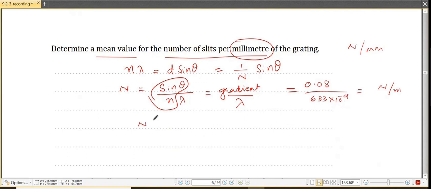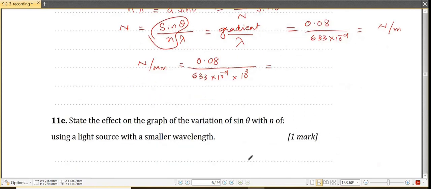So the number in millimeter will be equal to 0.08 upon 633 times 10 to the power -9 times 10 to the power 3, because you are dividing the whole thing by 1,000. All right. So you will get the answer. Please solve it.